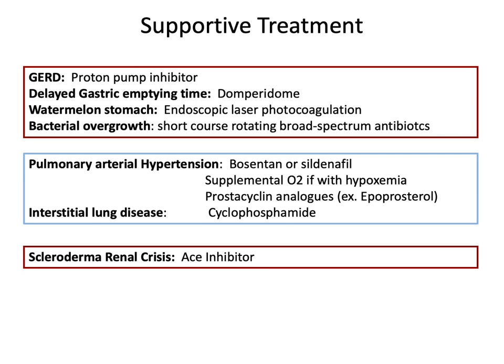Endoscopic laser photocoagulation is done in patients with GAVE or watermelon stomach, and short course rotating broad spectrum antibiotics, especially in those patients with bacterial overgrowth. The following treatments are given in those patients with pulmonary hypertension and interstitial lung disease. We may give cyclophosphamide and ACE inhibitors in patients with scleroderma renal crisis.